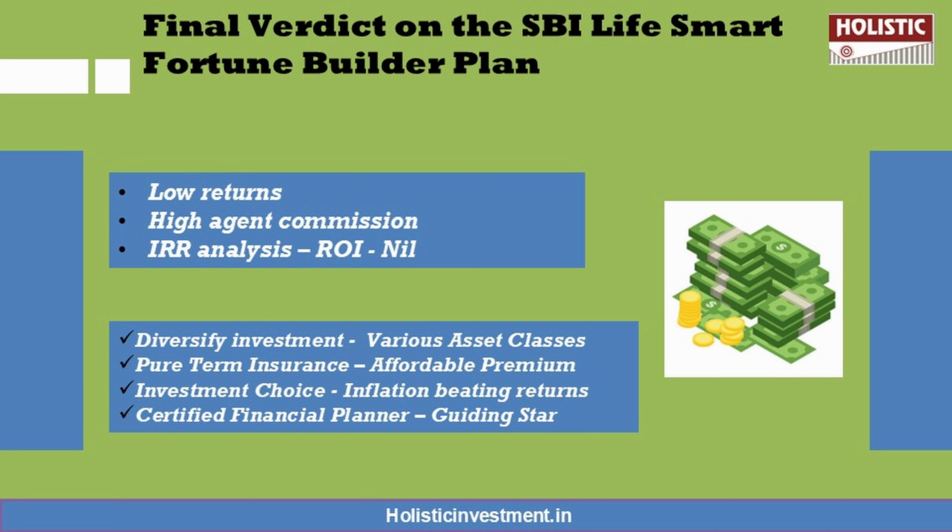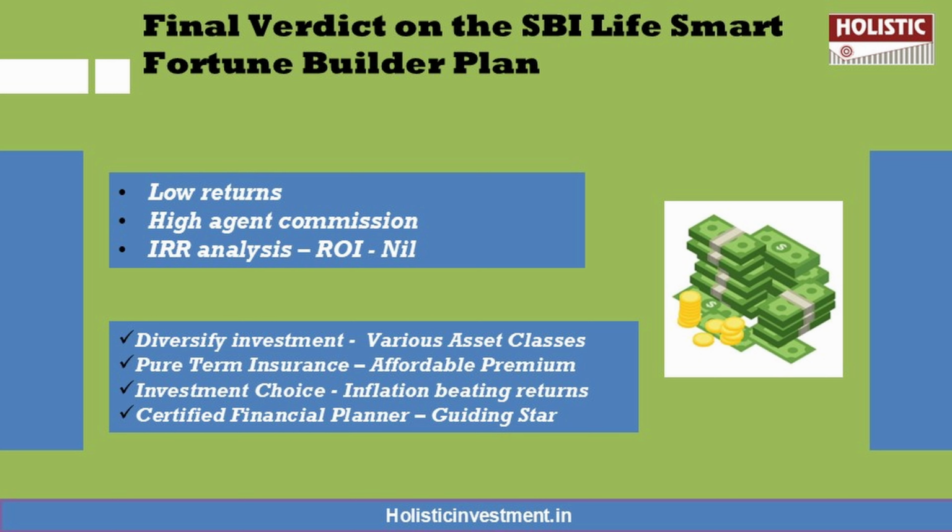For a market-linked product, such modest returns suggest an imbalanced risk-to-return ratio. Additionally, the sum assured may not be sufficient to meet a family's basic financial needs in the future, potentially hindering your overall financial plan in the long run. So on the whole, the SBI Life Smart Fortune Builder plan is not the right choice for wealth accumulation in the long run, and this policy also has a high agent commission.